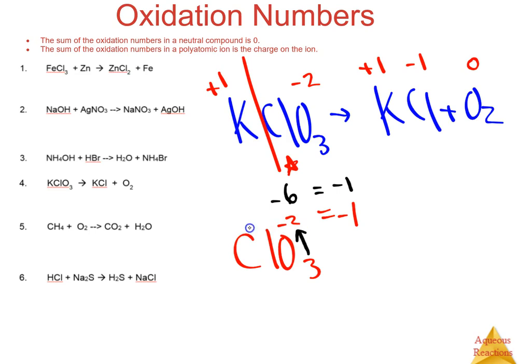That means oxygen is forcing chlorine to do something it doesn't want to, but it can because oxygen is more electronegative. All right? Chlorine, what number minus 6 equals -1? It has to be a +5, which it is.